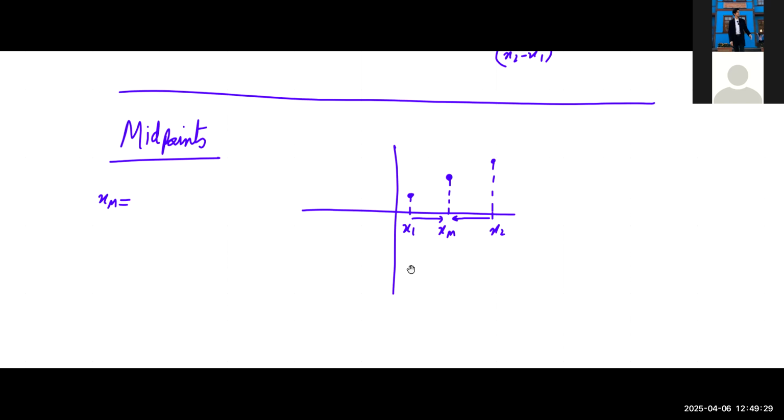How do you find the average of x1 and x2? You add them and divide by 2. Exactly. You just add them up and then divide that by 2. That's the x. And of course, naturally, what do you think the y value will be for the midpoint using the same idea?